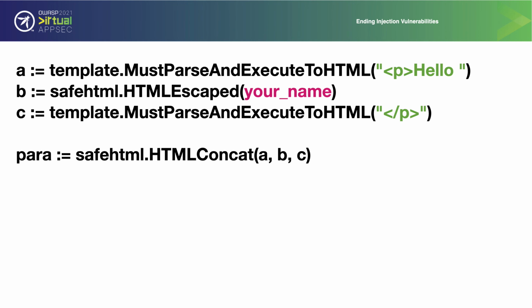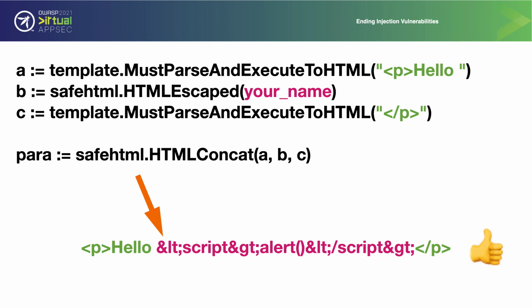And then likewise with C, we're just doing another thing which returns a HTML object from developer defined string. And then the HTML concat function adds those three things together and gives you the output, which is all correctly encoded.